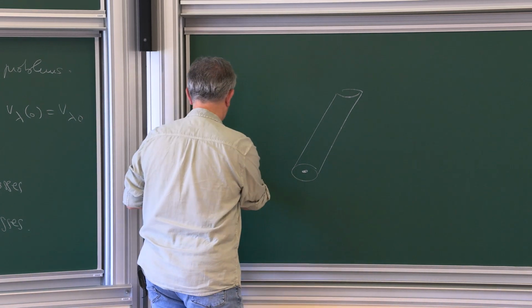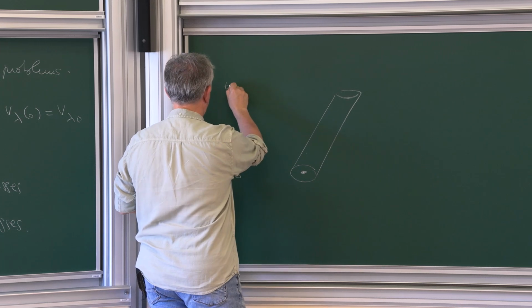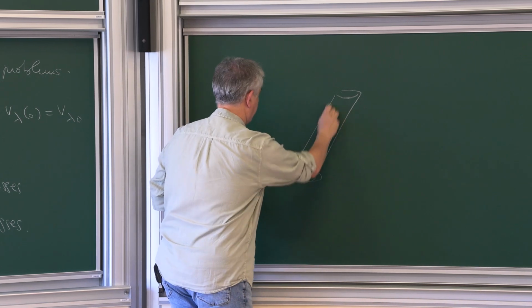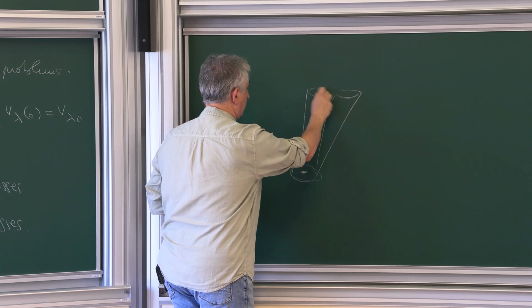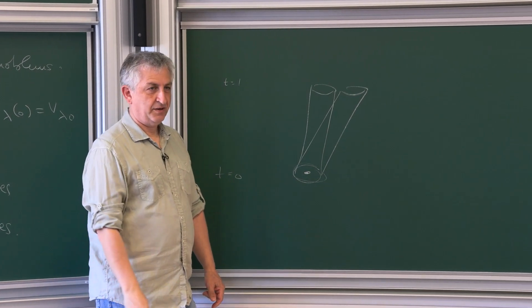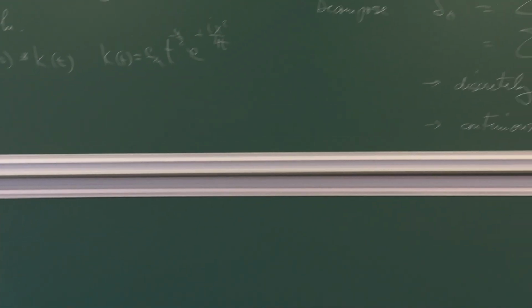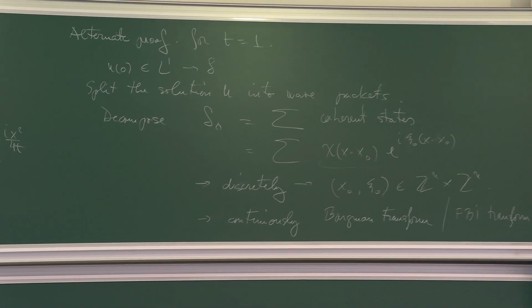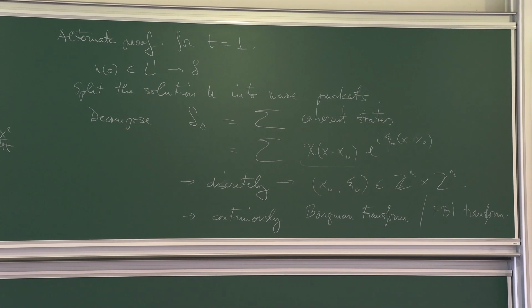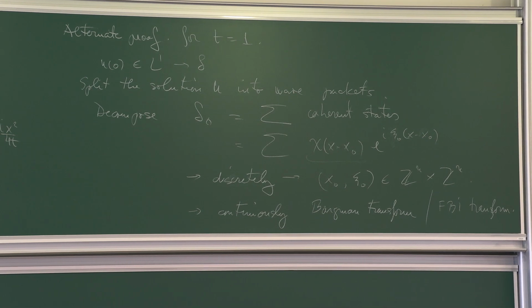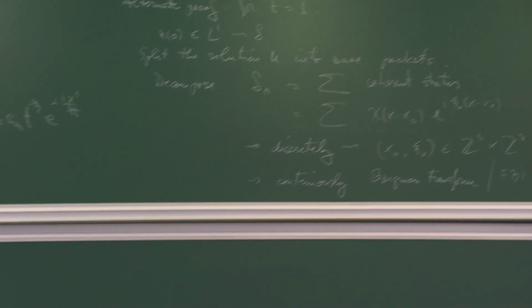So this is t equal to 0. This is t equal to 1. So this is one wave packet. Another wave packet will move in a different direction. Now, suppose I'm working with a discrete decomposition. When I'm switching from one wave packet to the next one, I'm moving my frequency by 1 unit, and then I'm changing the velocity by 1 unit.